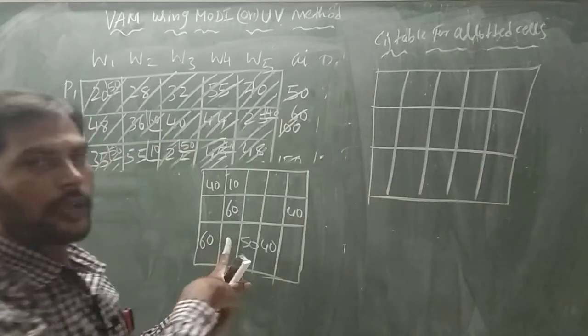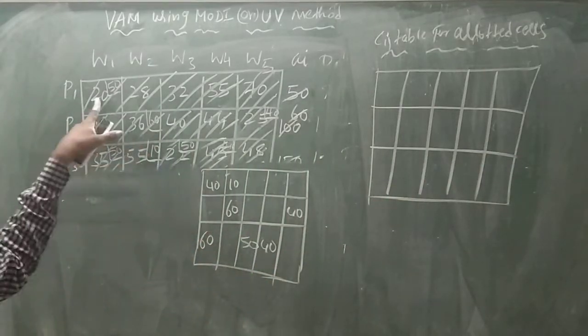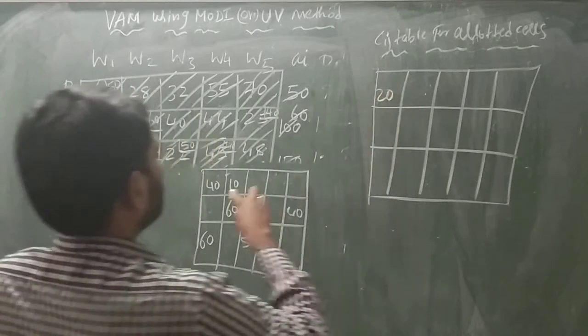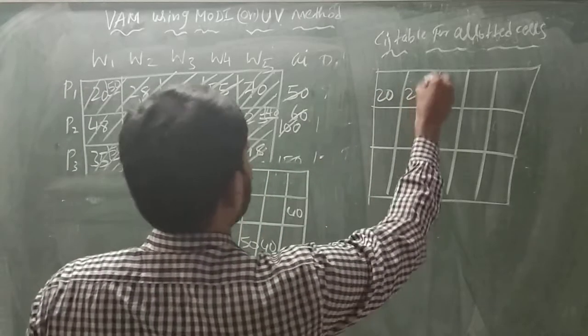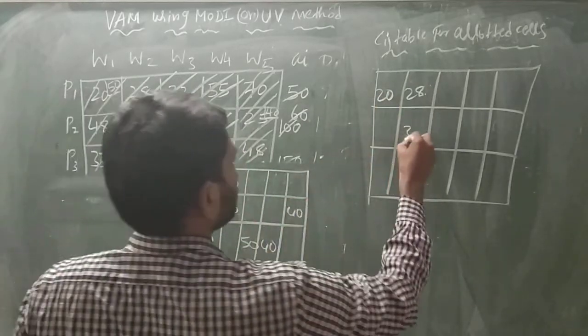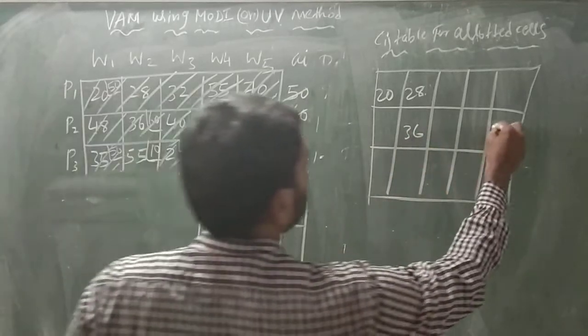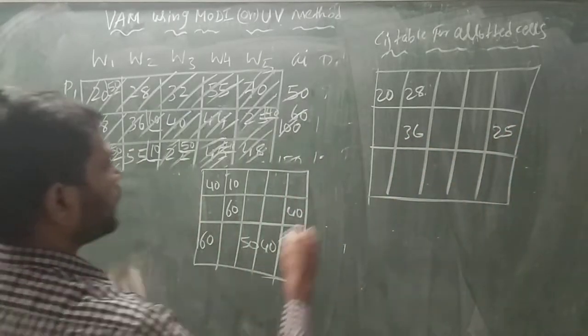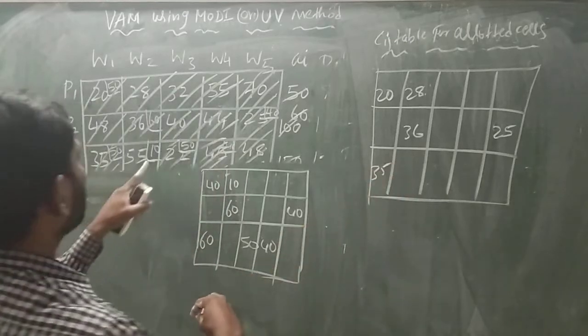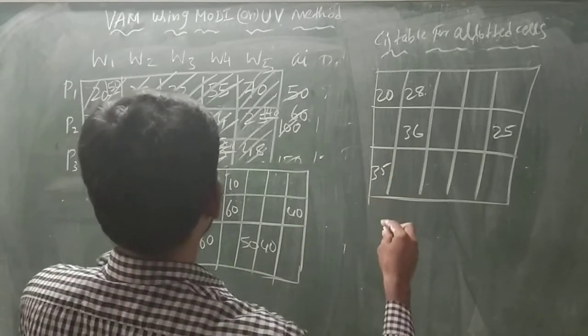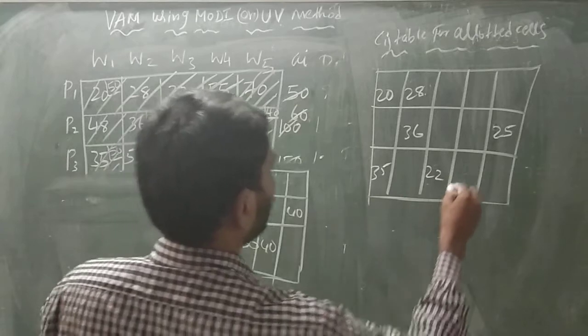So this is the new allotment. So I enter the costs: 20 and 10 is 28, 36, 25, 35, 22 and 45.